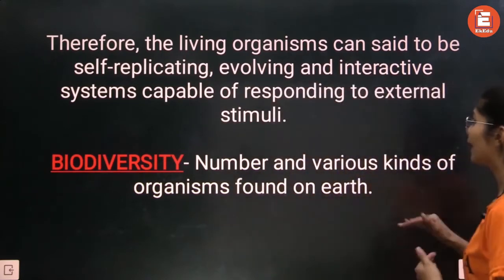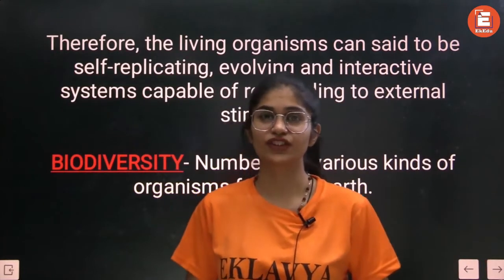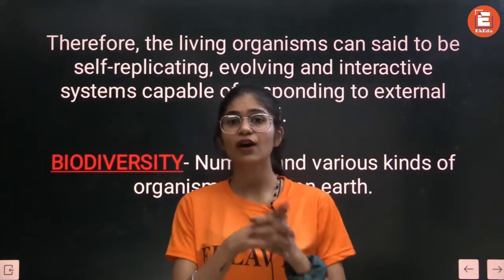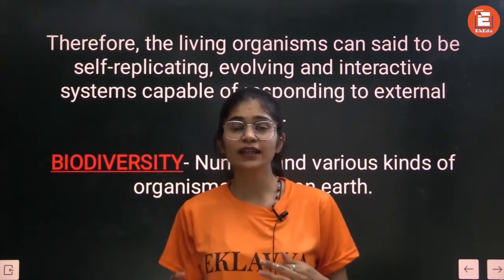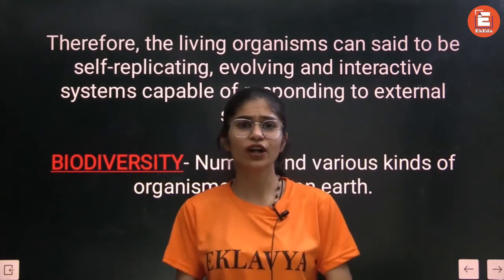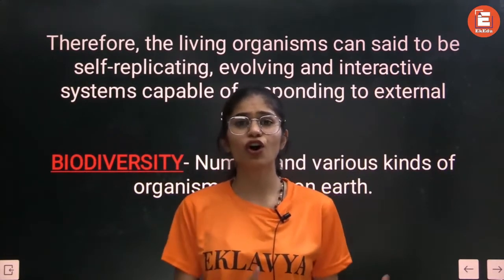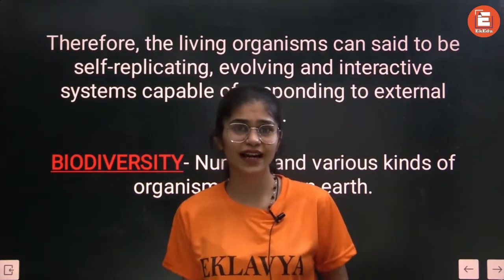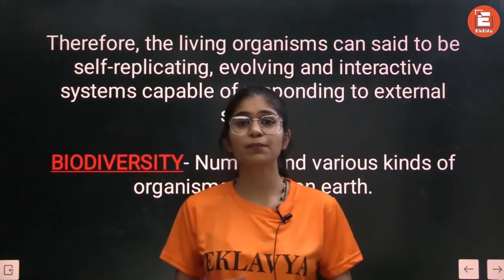Now talking about biodiversity. When I started this session, I told you to look around yourself and tell how many organisms you see. Now the mixture of all those organisms that you see around yourself, from an earthworm to a fly to a bird to a dog to a cow, any ant or lizard that you may see, all these make up the biodiversity.